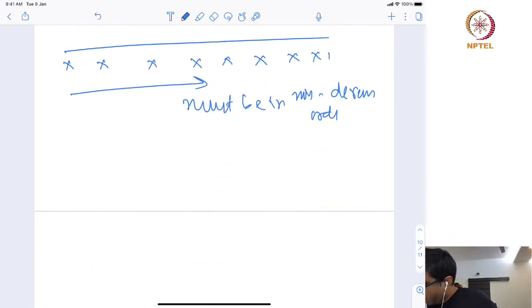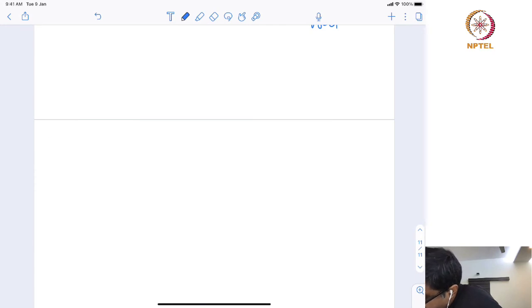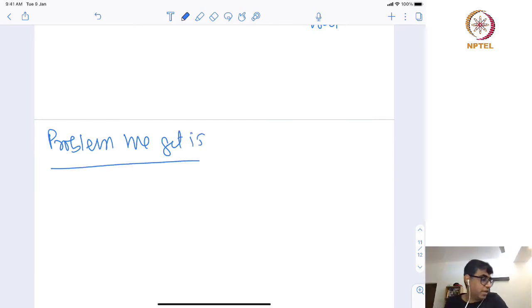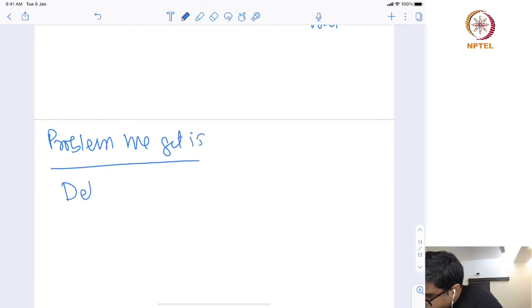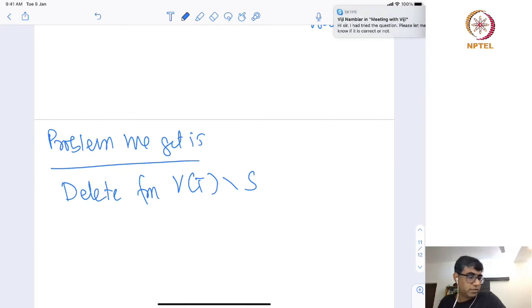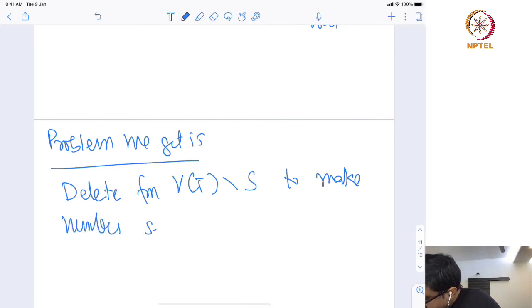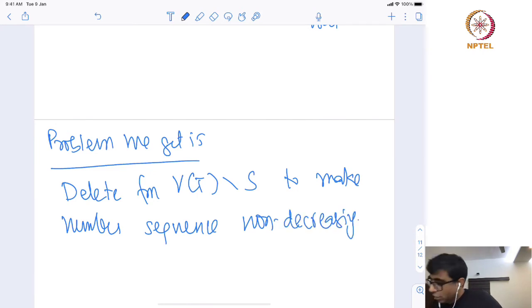So what is this problem? The problem we get is: delete from the vertex set of T minus S to make the number sequence non-decreasing, right? So what did we say?